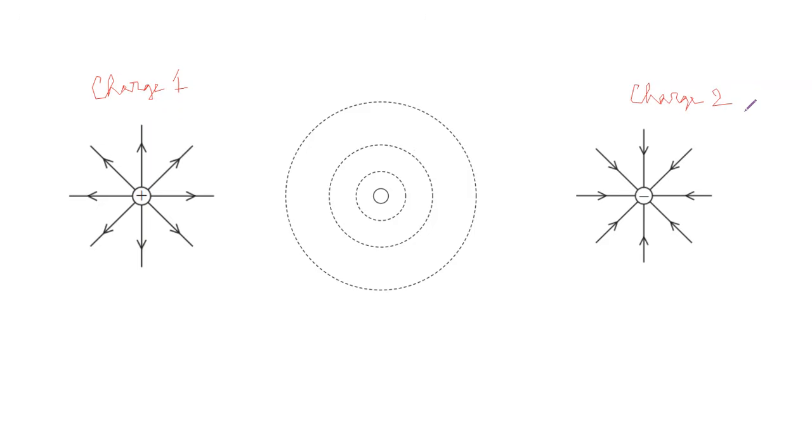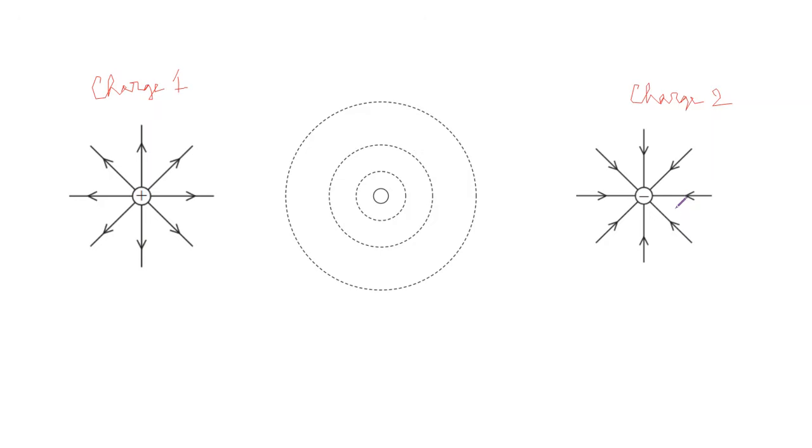Charge 1 is positive, charge 2 is negative. In charge 1, the diagram shows the field lines, and guess what? There will be equipotential lines around charge 1 as well, and this is what the equipotential lines would look like in the center. Similarly with charge 2, these are the field lines.